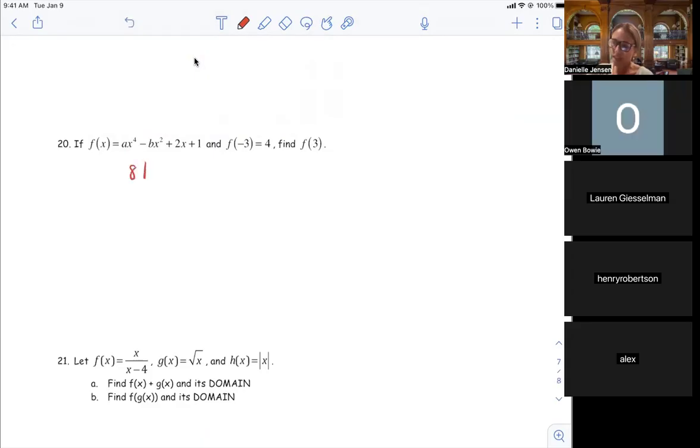Yeah, so I've got 81a minus 9b minus 6. All I'm doing is plugging in, right now I'm doing f of -3. So when I plug in -3 for x, minus 6 plus 1, and I know that equals 4. Or in other words, 81a minus 9b equals 9.